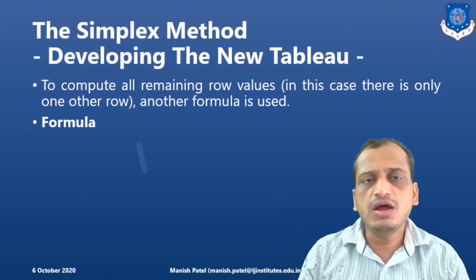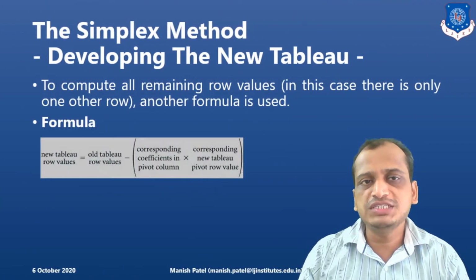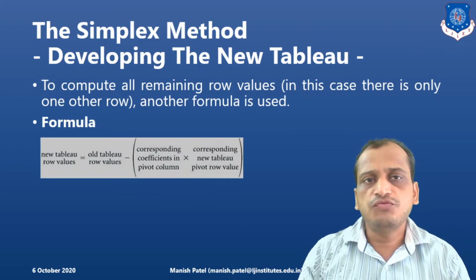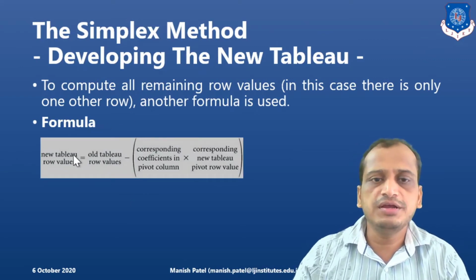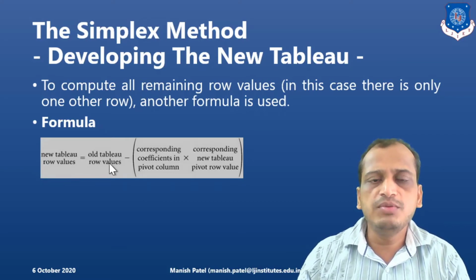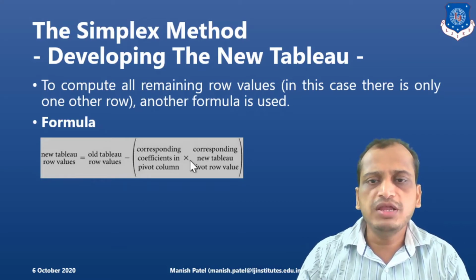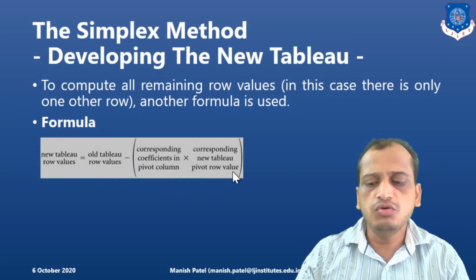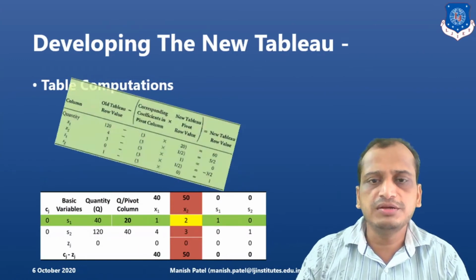Next step, we will find out the second row, which is next to the pivot row. The formula is that the new table row values are equal to the old tableau row values minus the corresponding coefficient in the pivot column times the corresponding new tableau pivot row value. So how do we do that? I have given you one example here.